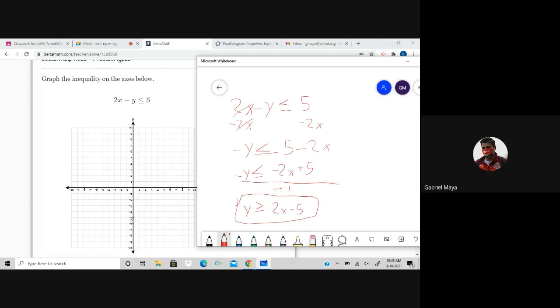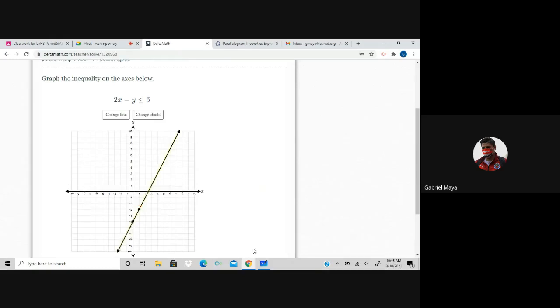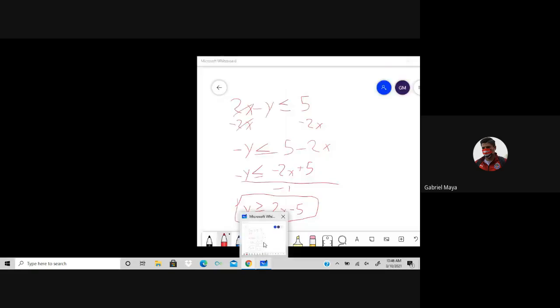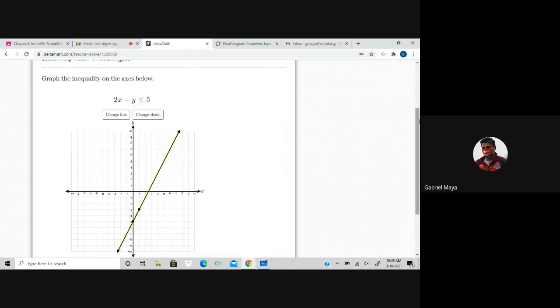So negative 5 down here. That's our y-intercept, and then our slope is 2. So we rise 2. A positive 2 would be 2 over 1. So rise 2, run 1. So that's what our graph would look like.